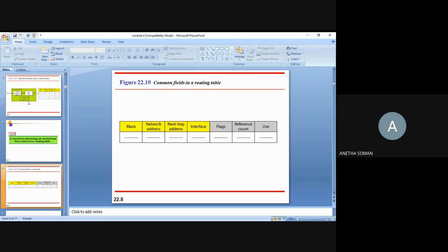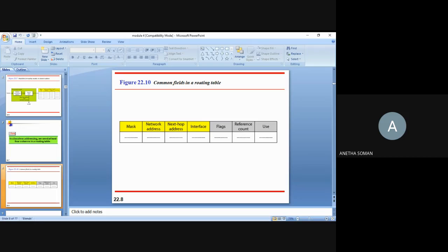So you can have two different types of delivery here. One is indirect delivery and the other one is direct delivery. Understand the terms. Indirect means the destination does not belong to the same network, so the packet is delivered to the next hop router in order to reach the destination.